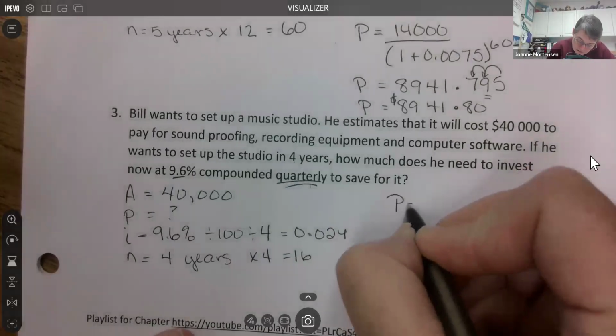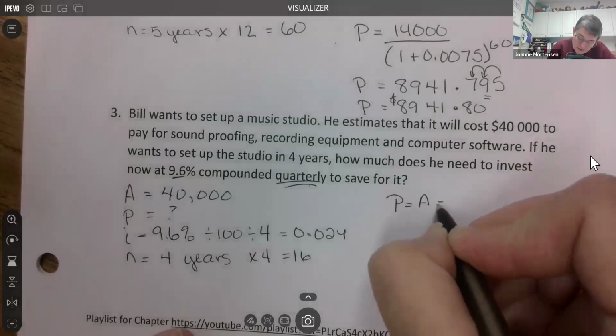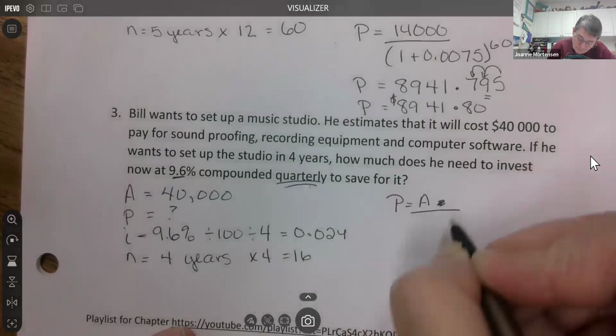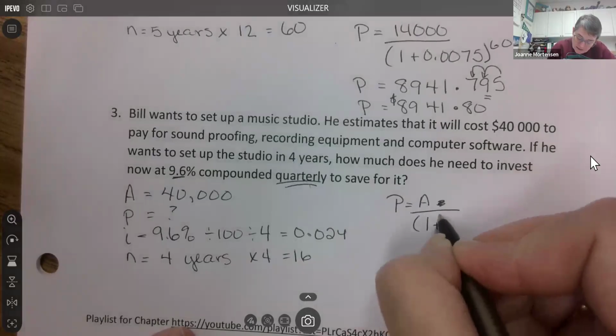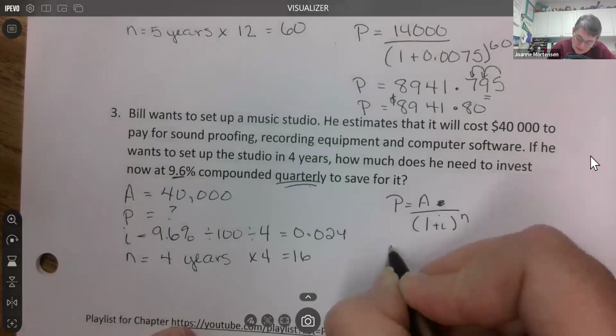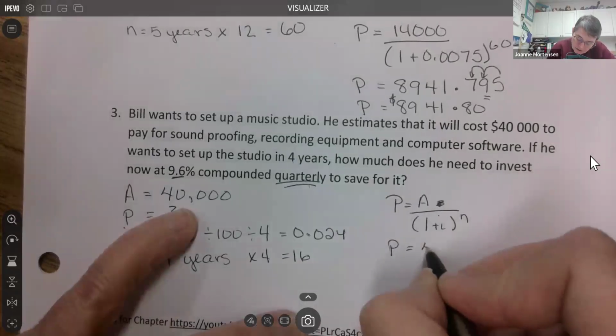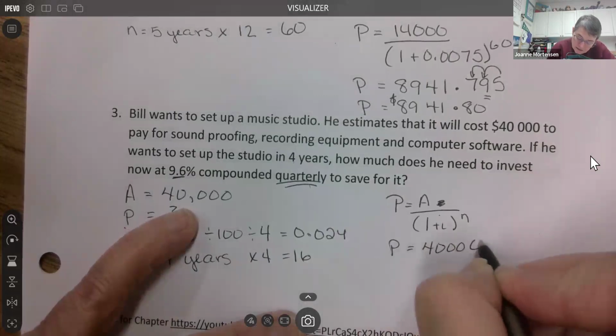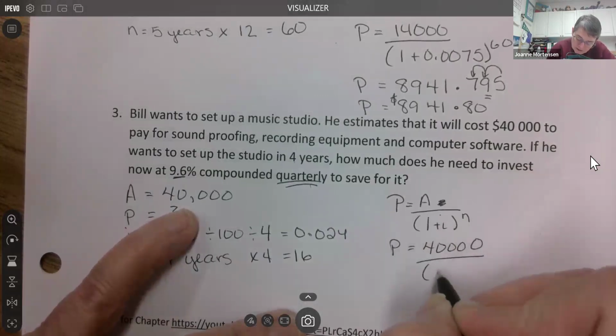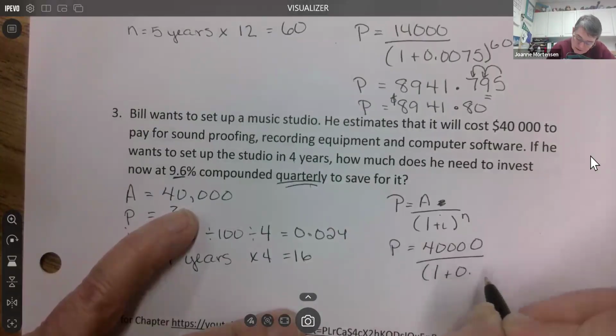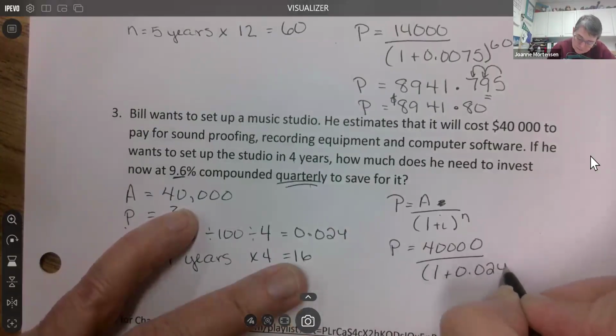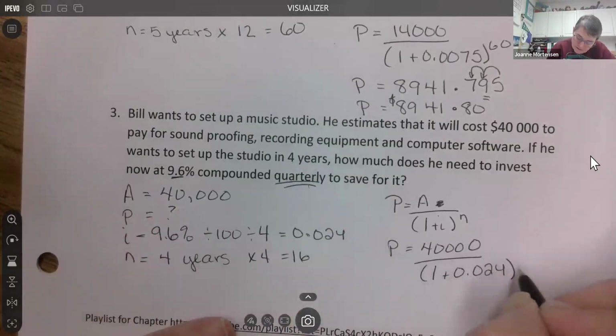Formula. A is equal, whoopsies. No. Bloop. A equals P(1 plus i)^n, so P is equal to $40,000 divided by 1 plus 0.024 to the 16.